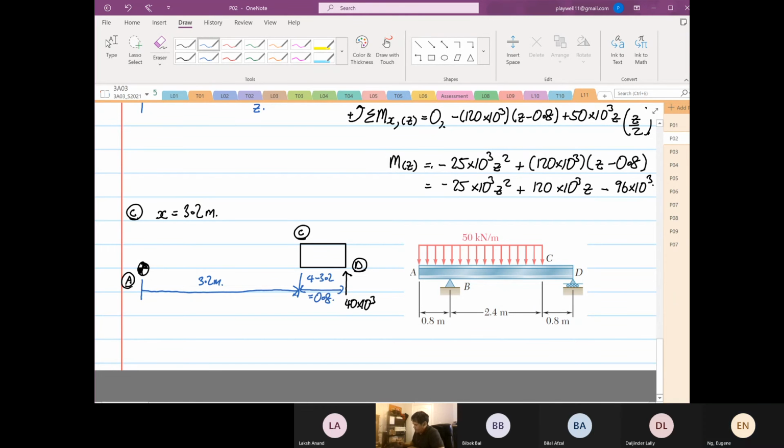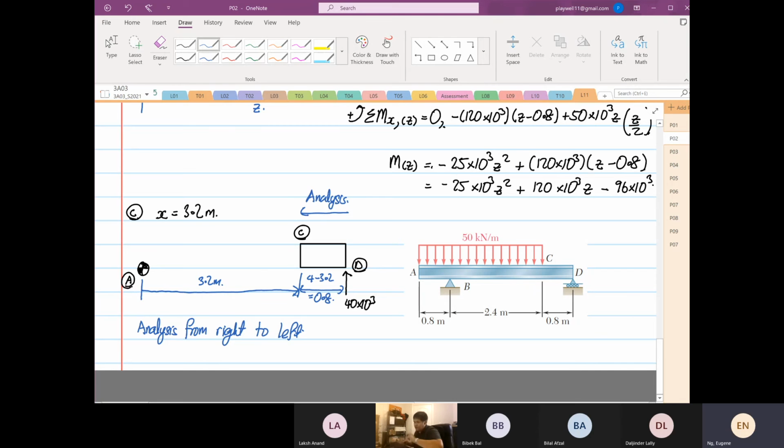So I'm going to do my analysis from right to left. So right to left means this is the analysis direction.